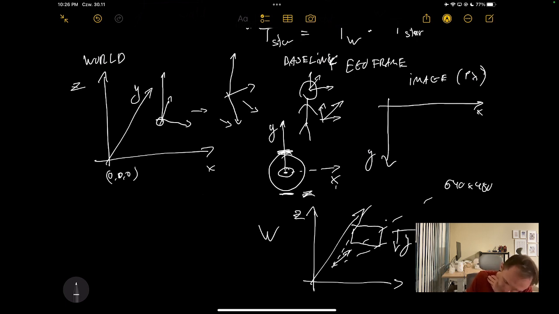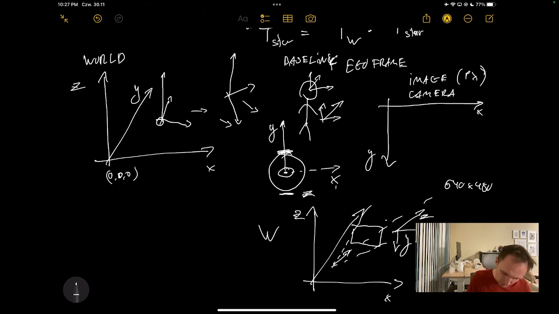I mean, of course, there's rotation and so on, so this relative pose needs to be expressed well, but the X kind of goes in a similar direction, and then Y is like Z. Like this, right? So this is the image or camera frame.